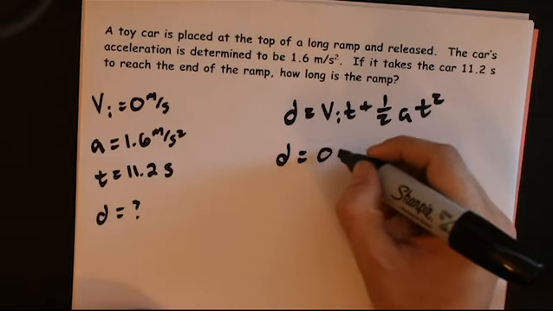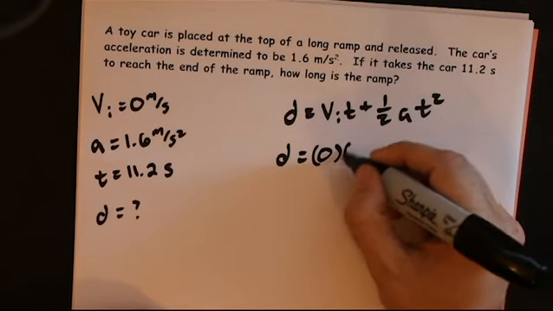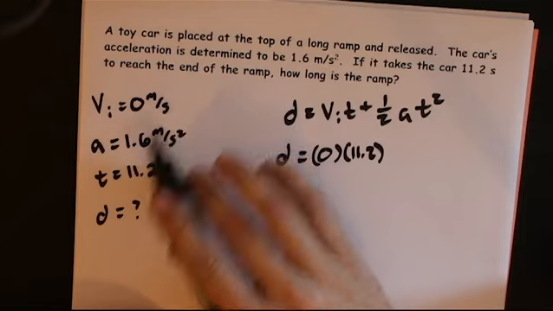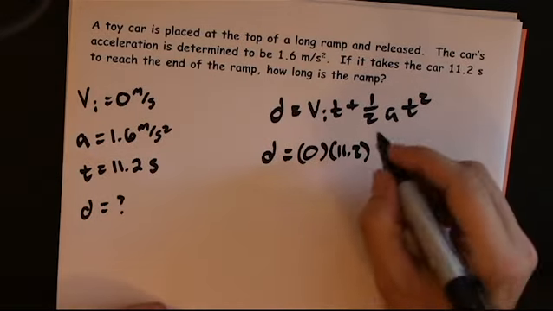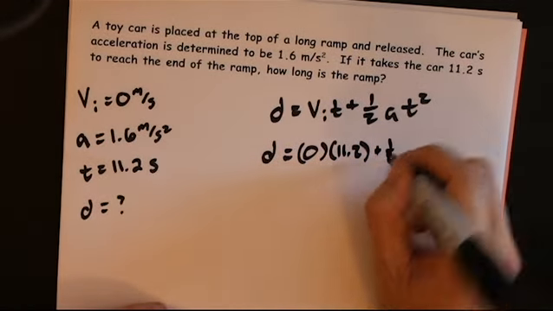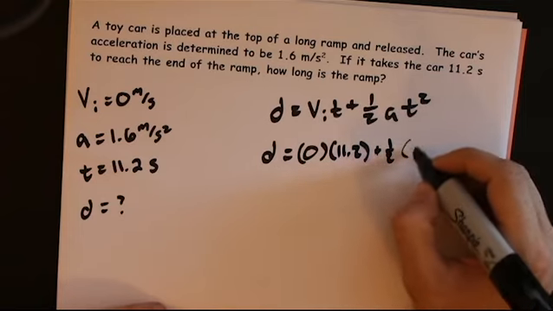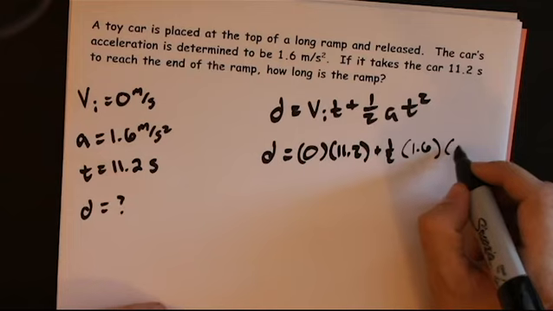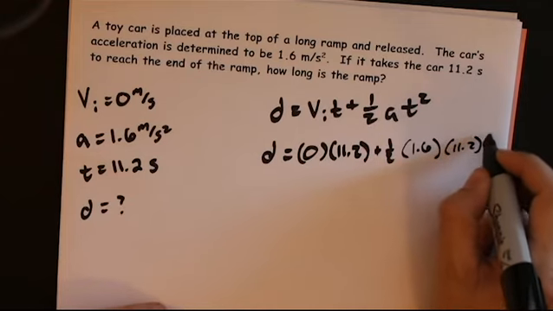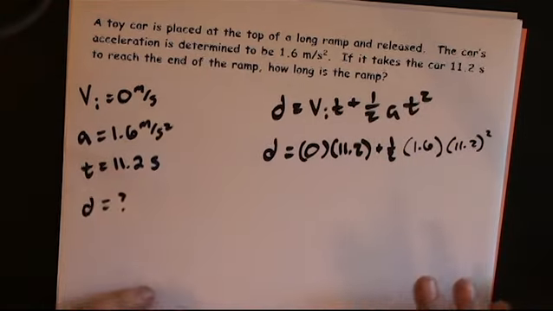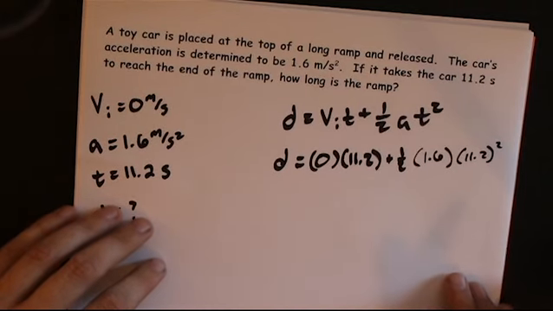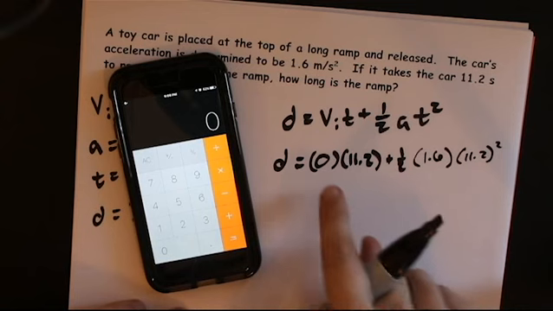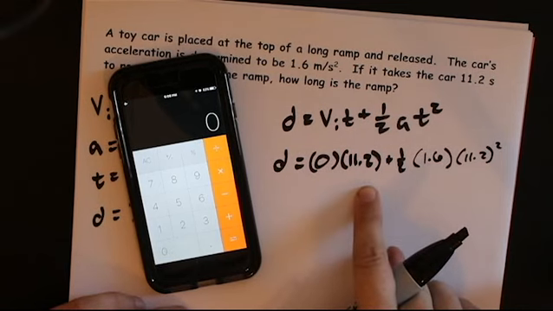So now we have 0 times 11.2 for our time. Just plug in my numbers from our list over here. Then we have plus 1/2. Our acceleration is 1.6. And then our time is 11.2 squared. There we go. All right, so now all we have to do is just a bunch of math. 0 times anything is just going to be 0.